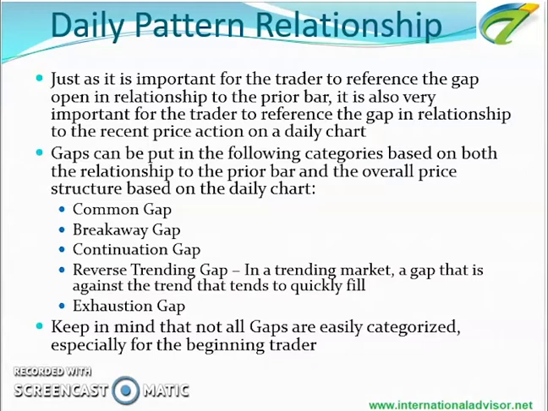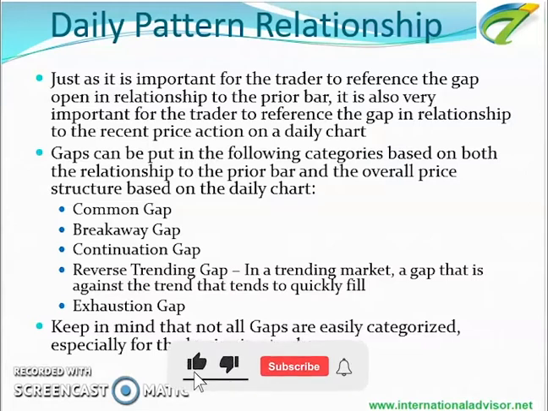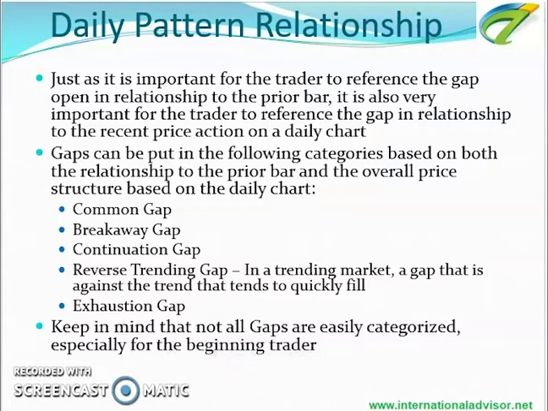Keep in mind that not all gaps are easily categorized, especially for beginning traders. So remember these five gaps: common, breakaway, continuation, reverse trending, and exhaustion gap. Let's now further discuss these in detail.